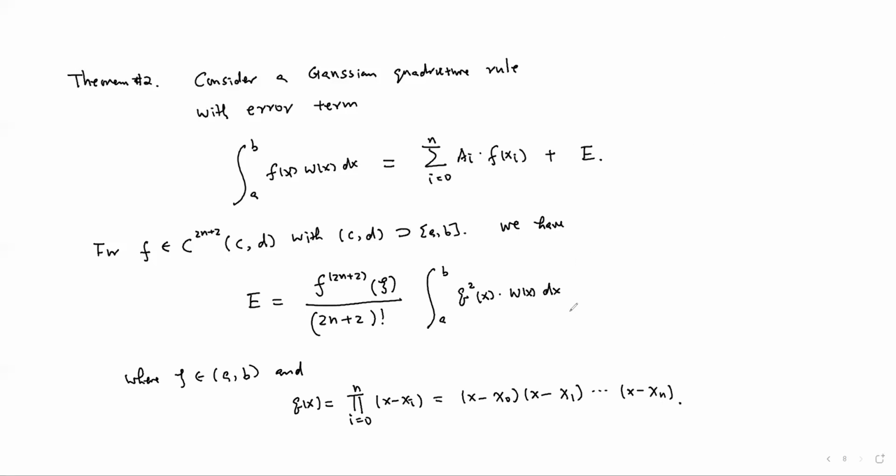By the mean value theorem for integrals, because w doesn't change sign over the interval [a,b], we can move the f derivative factor outside. Then the integral from a to b of q square, where q is actually a polynomial, so take the integral of the polynomial.